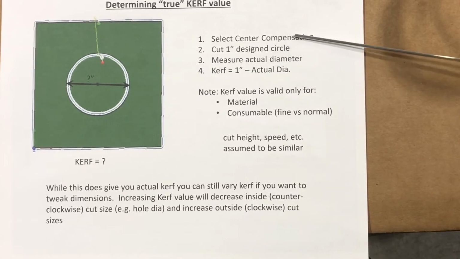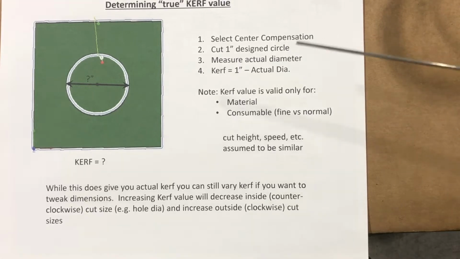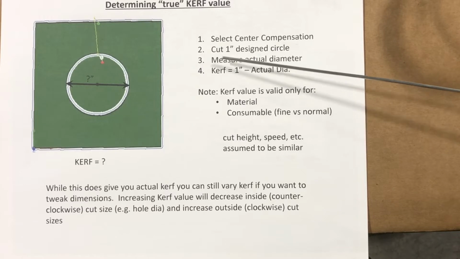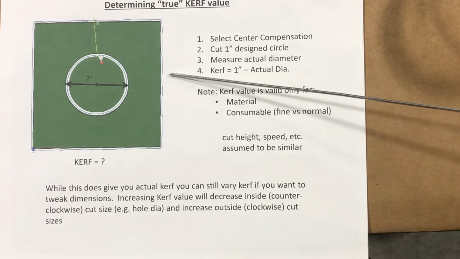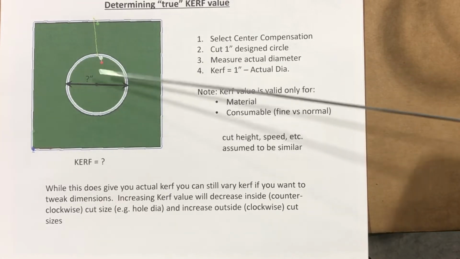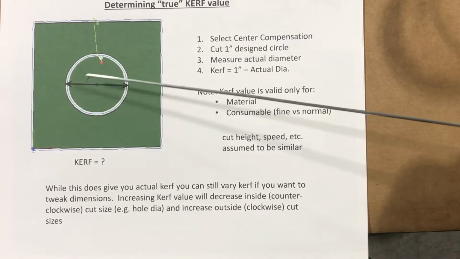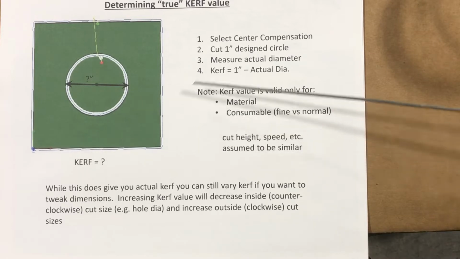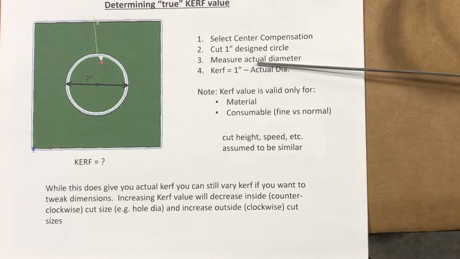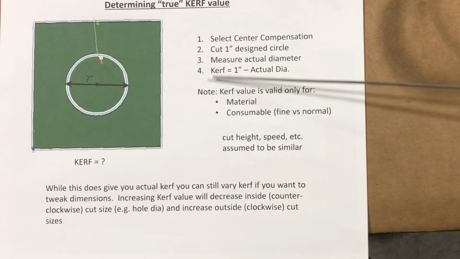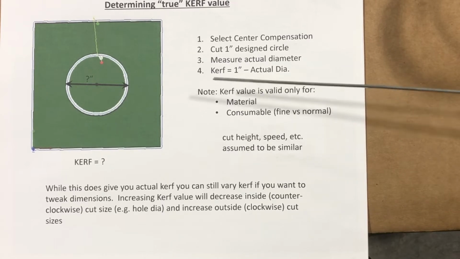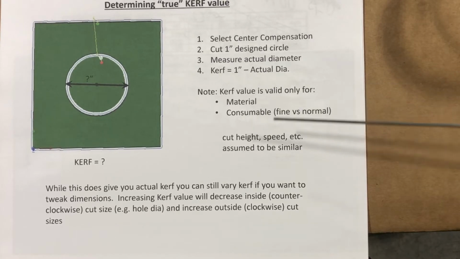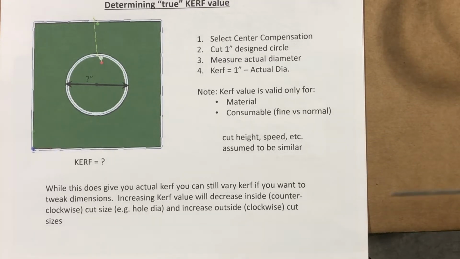So if we select that center compensation, which again doesn't compensate at all, runs directly along the design path, in this particular case I'm saying let's use this little coupon, 2 inches on the side with a 1 inch diameter circle, and we'll focus in on the circle part. We want to cut this 1 inch diameter. We'll cut it out and measure what the actual diameter says. So I'm going to claim that the true kerf is the desired, which is the 1 inch, minus the actual, and that value then becomes our true kerf.